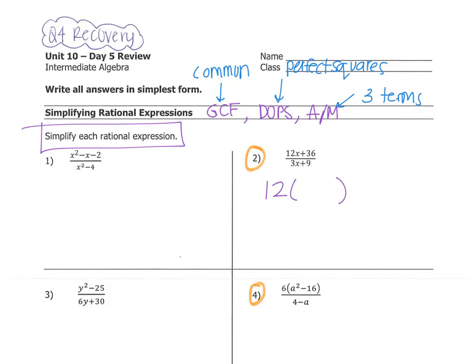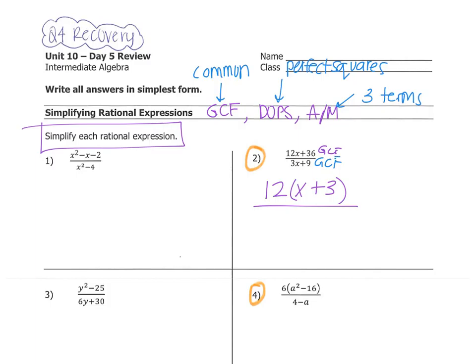When I take this first term, 12x, and divide it by 12, I'm left with x. I'm left with a plus, and 36 divided by 12 leaves me with 3. Over. So now I've got a 3x plus 9. If I think about my options, I first look to see if anything's in common. Yep. That means we're factoring by GCF.